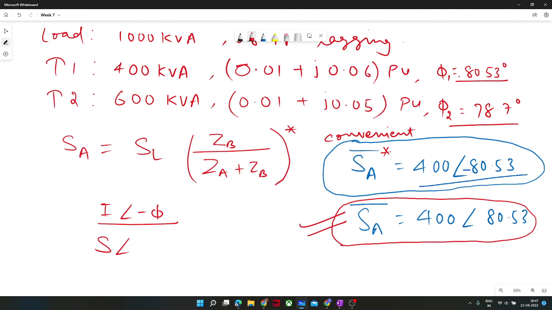Because if you write current in terms of power factor, if it is lagging, you write I angle minus something. Let's say 36.86 degree lagging, you write 5 angle minus 36.86. So here also you should not put a lot of brain. You should just write 400 angle minus 80.53 degree if it is lagging power factor for transformer 1.